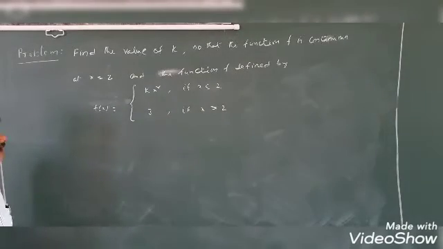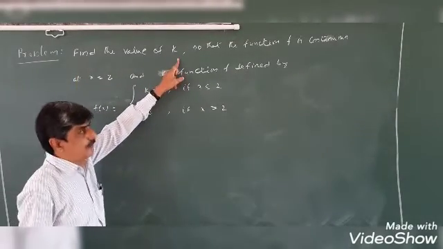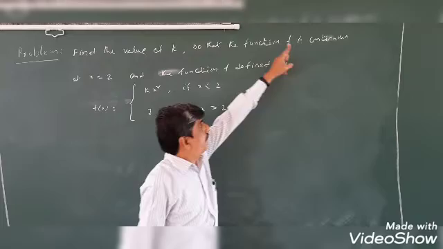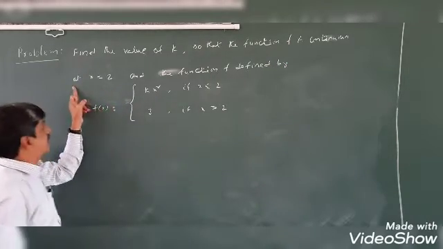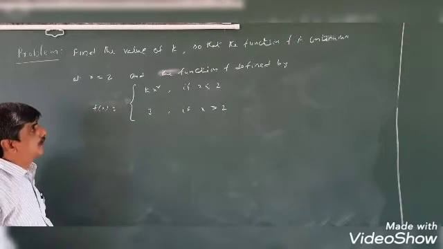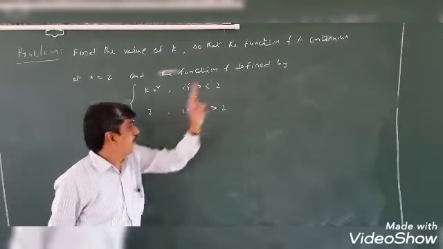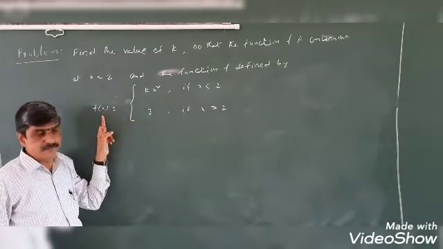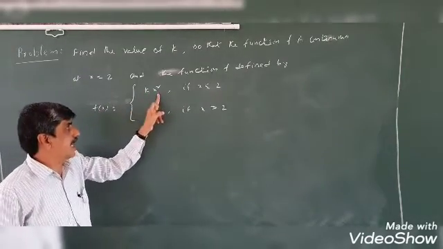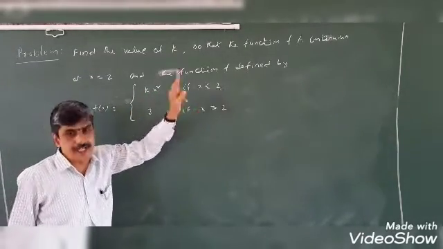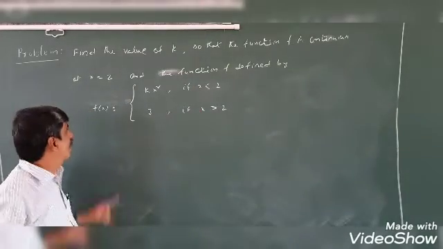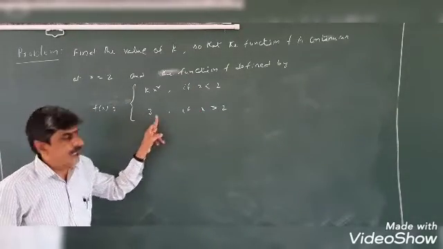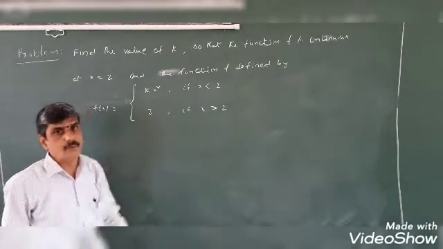Next numerical. Find the value of k so that the function f is continuous at x is equal to 2. And the function f is defined by f of x is equal to kx square if x less than or equal to 2, and f of x is equal to 3 if x greater than 2.